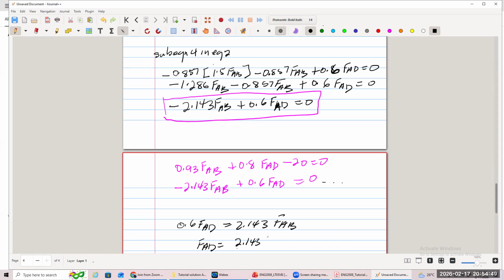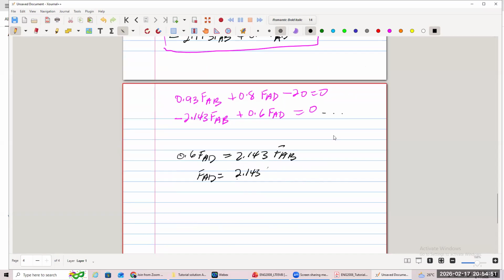I wish I could tell you there's an easier route. 0.6 FAB. What do you get for that? 3.572. So 3.572 FAB. And you take that now and put it in the first one. Let's see what you would get here. Anywhere AD is, you put that in.